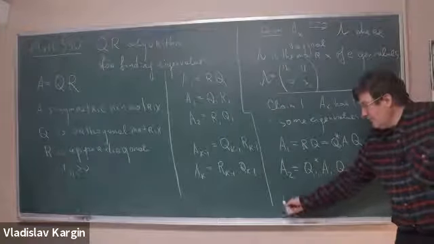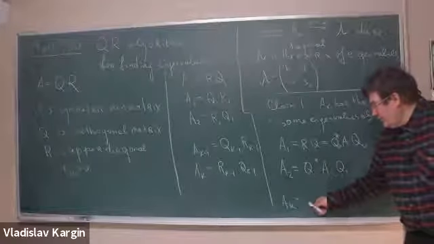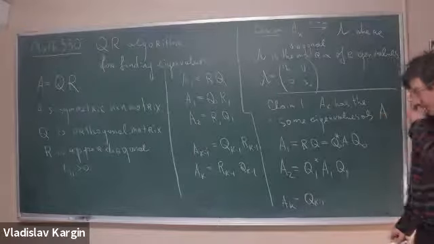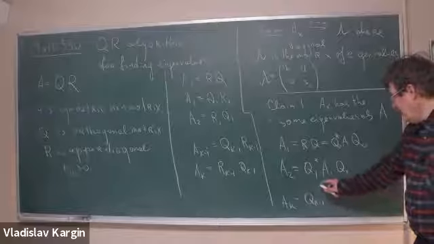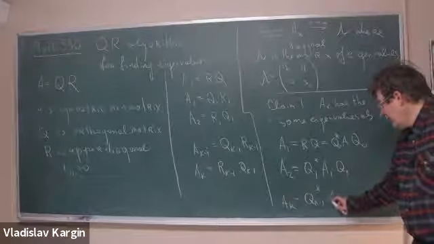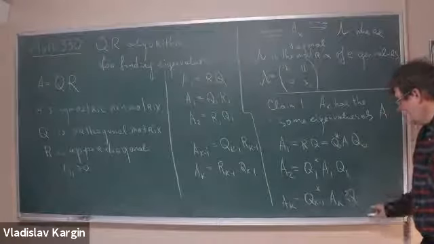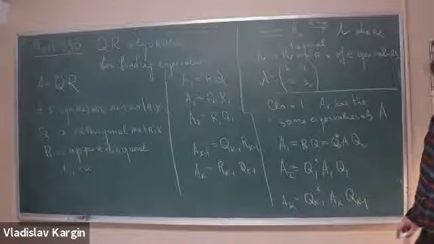So eventually AK will be equal to Q K minus 1 star AK Q K minus 1. Right?